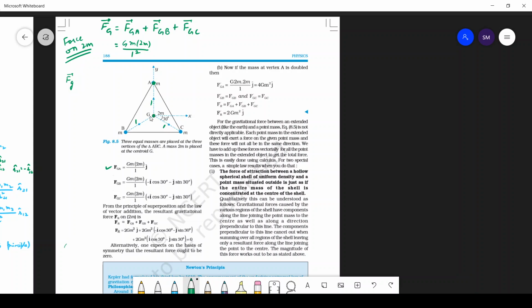So where will 2m be going? 2m will move towards m, in this direction. So that's the direction of the force on 2m, which is at G, due to A. It will be pulled towards itself by A. So that's the y direction. So that's a vector, so unit vector J. Is it okay?